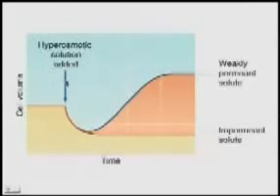So we add a hyperosmotic solution here, and it is going to decrease the cell volume. But when we follow with a weakly permeant solute to replace it, then the cell volume will increase, as this weakly permeant solute can go into the cell and counter the effect of the hyperosmotic solution.